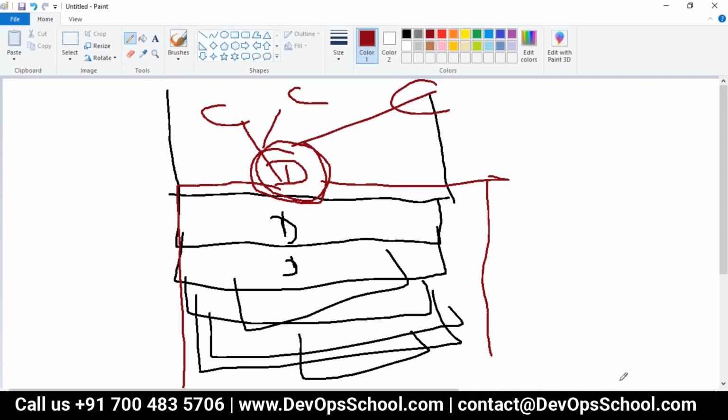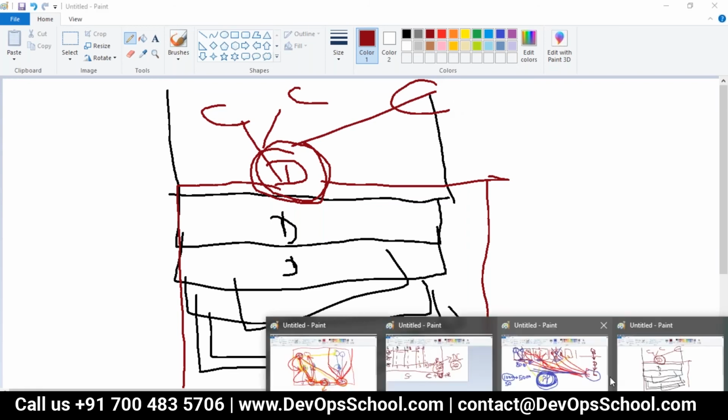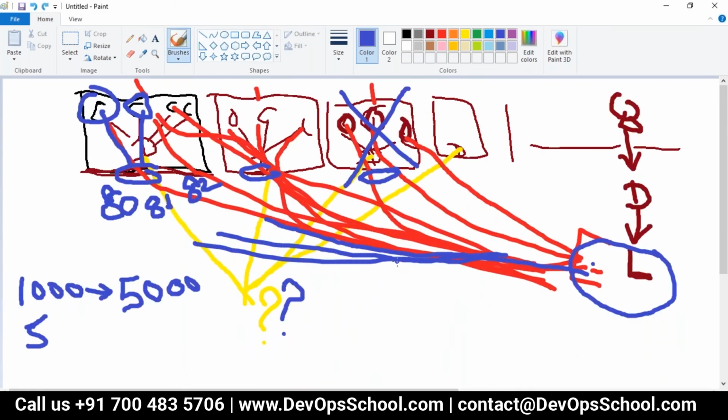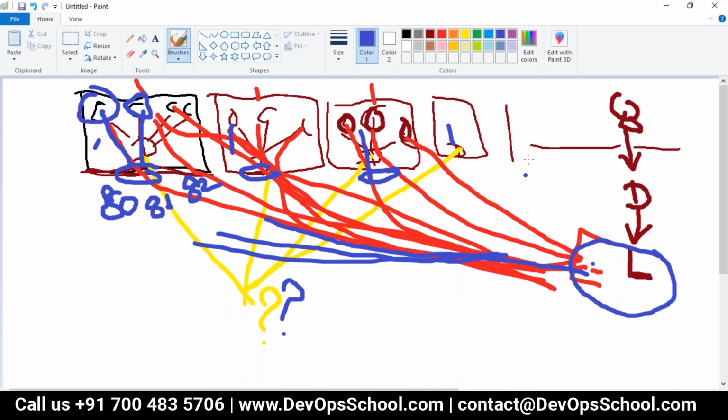So guys, the problem here is that you are now running containers on multiple hosts. Think simple: this node, this node, this node, this node. Now there should be some tool here that will place the work as per availability. An intelligent tool.